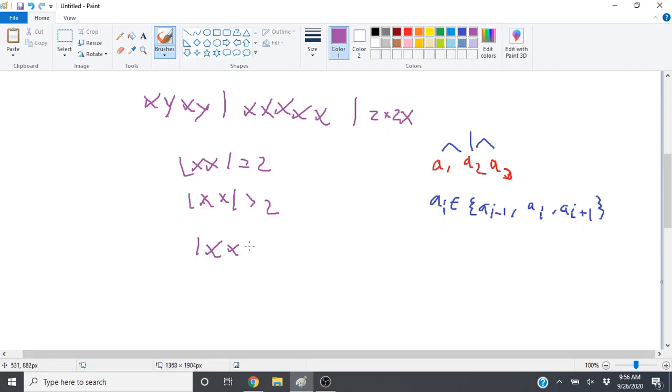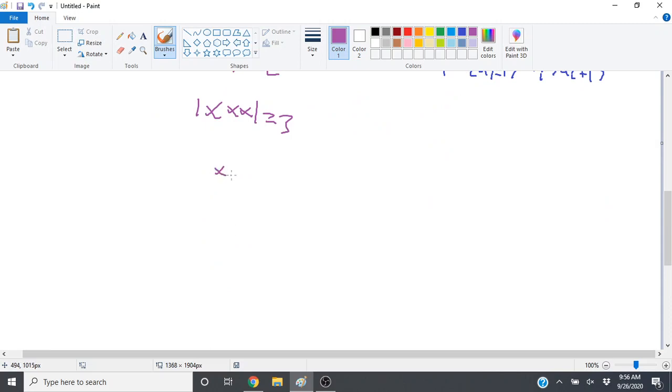For example, xxx of length 3 is kind of a special case in my proof too. Basically, if there's no x among the first two, then maybe the third one isn't x. But what we can instead do is change this to the middle element. So we can change it to bbb.